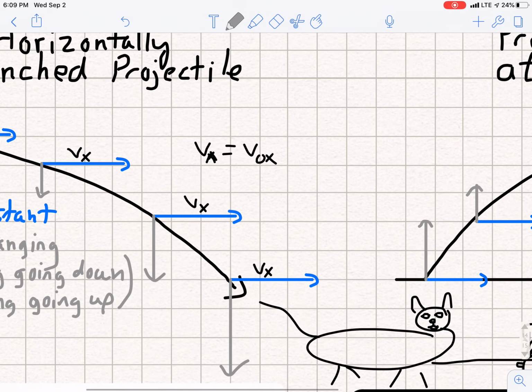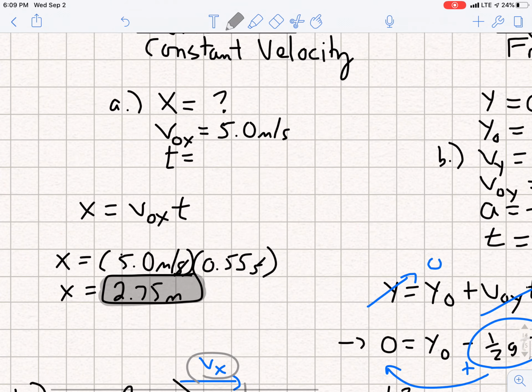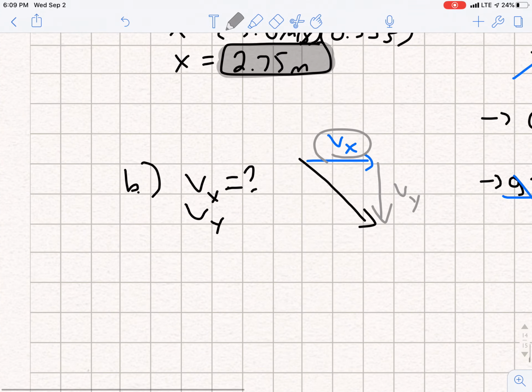And if we remember, the x component anywhere is the same as the initial x component of velocity. Since we know the initial x component is 5, that's the same as any x component of velocity. So Vx is going to equal 5.